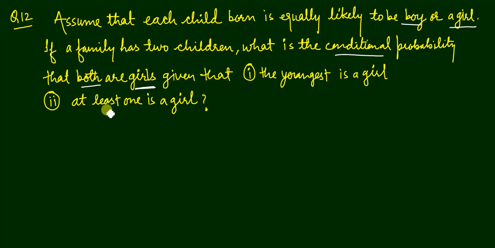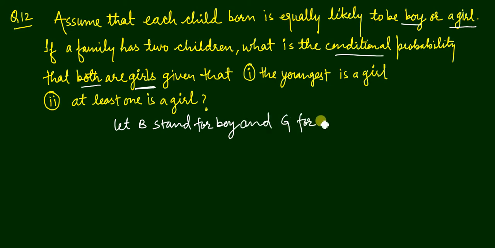See, so first of all we will make the sample space. Let B stand for boy and G for girl.